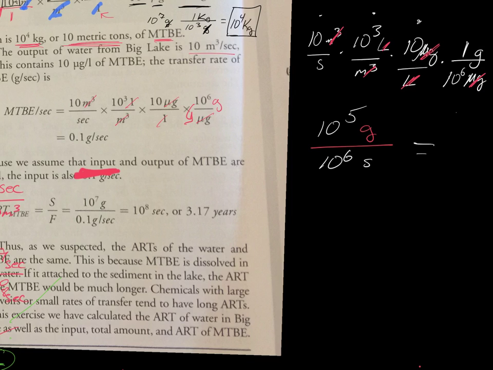And when you subtract, 5 minus 6, I hope everyone knows, is 10 to the negative 1 grams per second. And when you convert that to decimal form, that number is 0.1 grams per second.